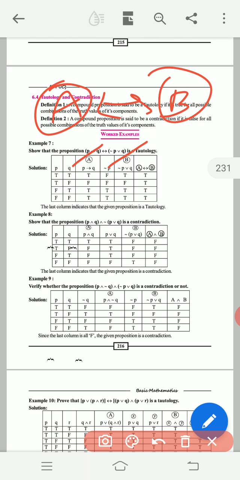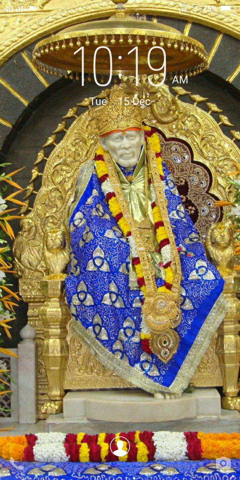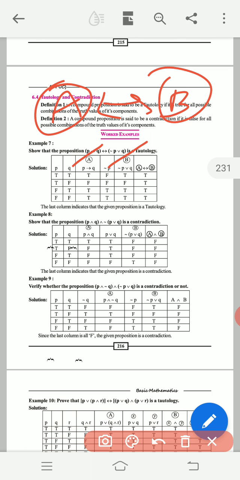See, double implies means what? If both the values are true, then it is true, or if both the values are false, then it is true. If both are different, then it is false. So here A: true, false, true, true; B: true, false, true, true.